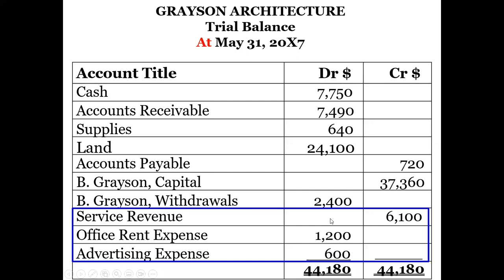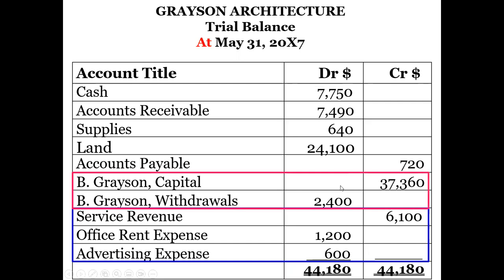Now, after we prepare the income statement, what next are we going to prepare? The statement of owner's equity. In that statement of owner's equity, we know that it is the capital, the drawings, and what comes from the income statement.